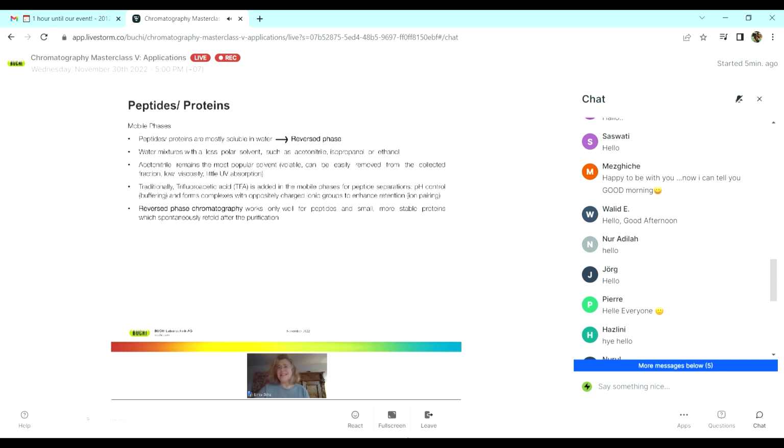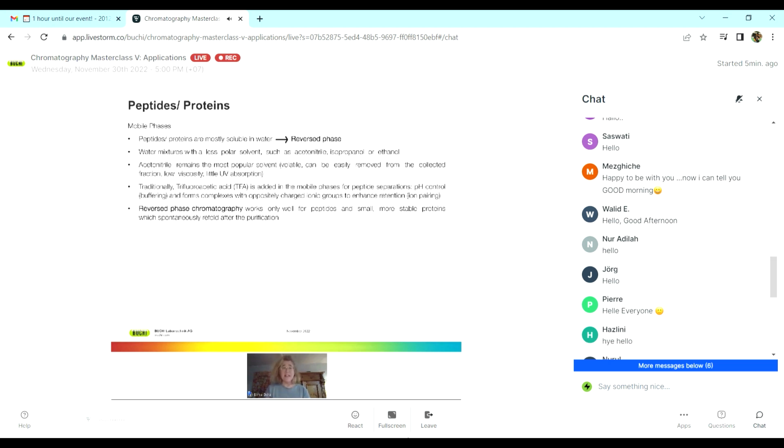Now, since this reversed phase chromatography uses polar organic solvent as a mobile phase, the method can only be used for compounds which can handle these harsh conditions. So this type of chromatography only works well for small peptides and small and more stable proteins, which can then, after the purification, spontaneously refold.